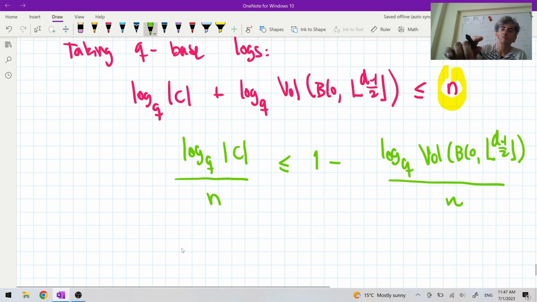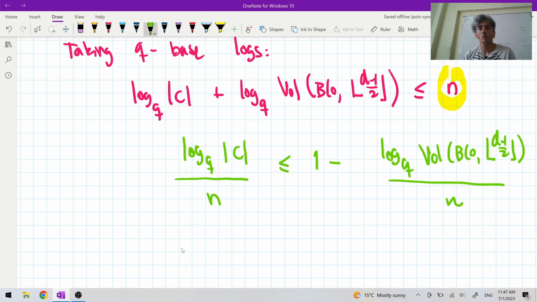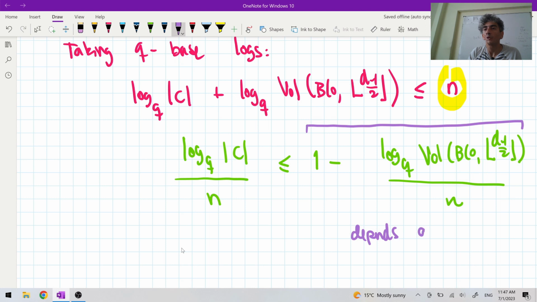Now, this looks more like it. If you take a look at this side, the distance controls the right-hand side.